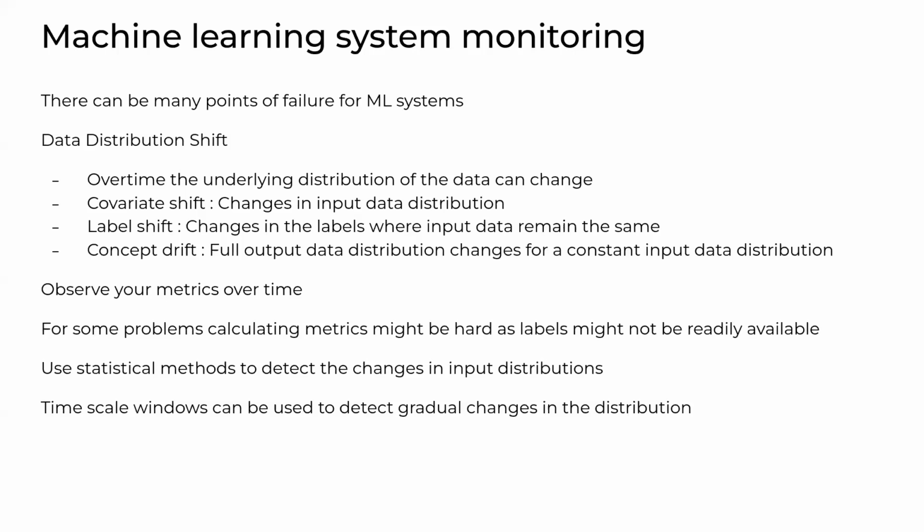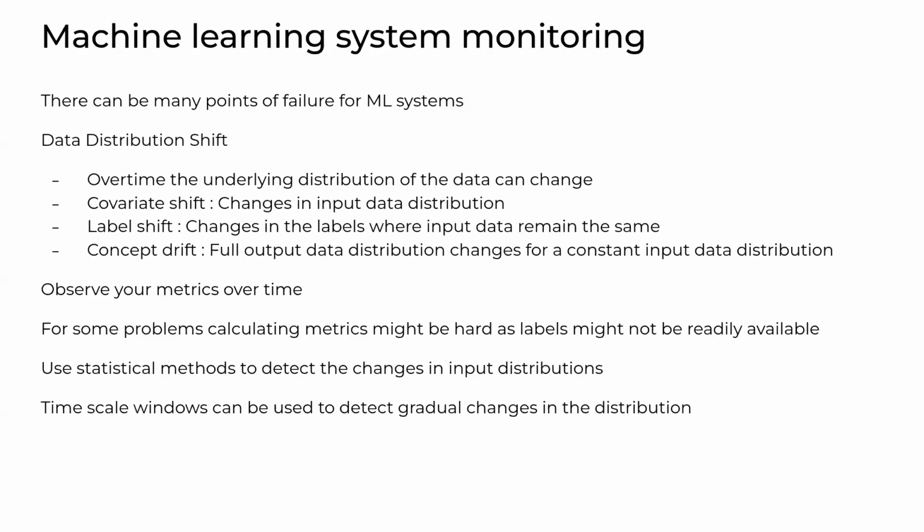One of the main failure cases that we encounter is called data distribution shift. This happens not because of a code change or a bug, but because the underlying data distribution that we trained the model on has changed. So I just wanted to point that out.